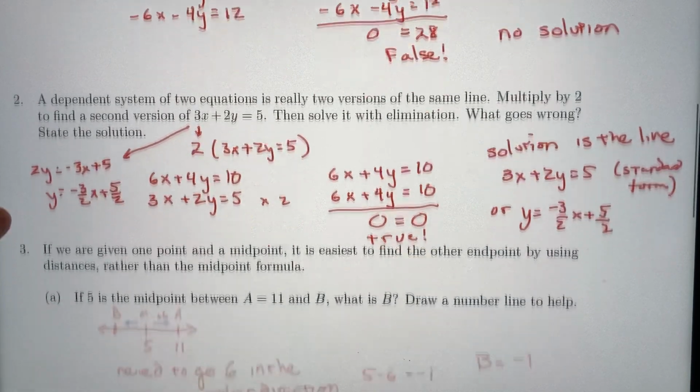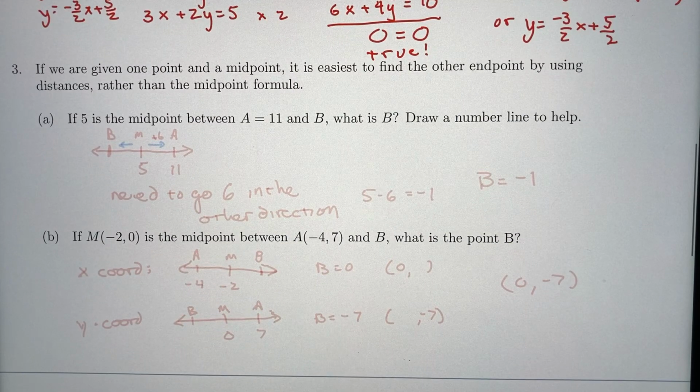Okay, slightly more complicated thing about midpoints. If I'm given an endpoint and a midpoint, I have to think a little bit harder. I can't just average. So if 5 is the midpoint between 11, I'll put 11 to the right because it is to the right, and b must be exactly the same distance away on the other side. How do you figure it out? I think the easy way this time is to figure out some distances. 5 to 11, that's 6.